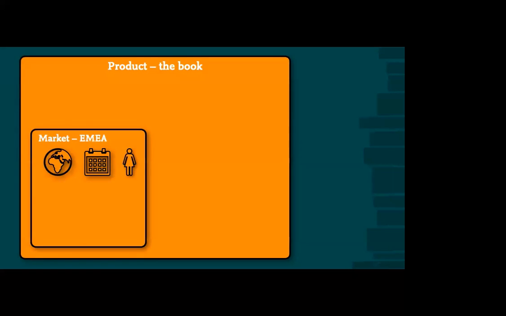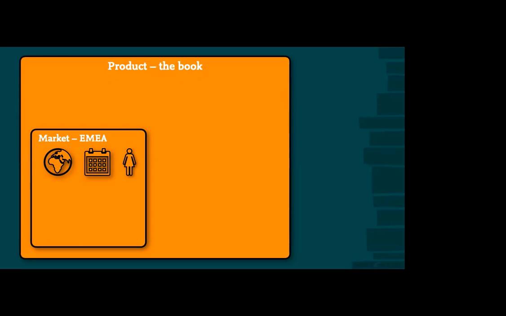It looks like this. Of course, your whole ONIX record, represented by the giant orange square, describes the book. Within that metadata for the product, you have a market. It has a geographical extent. Maybe it has some dates or customer types that differentiate it from other markets.